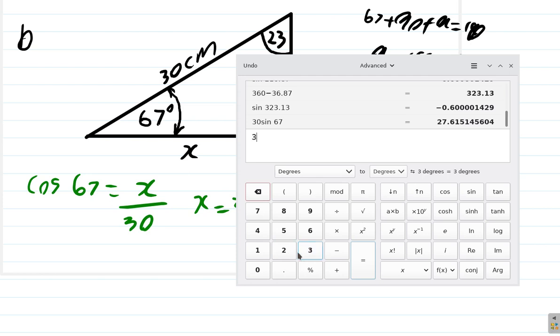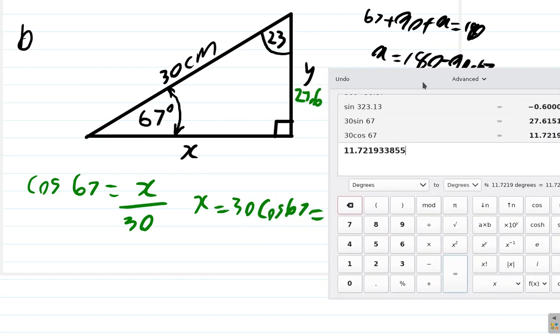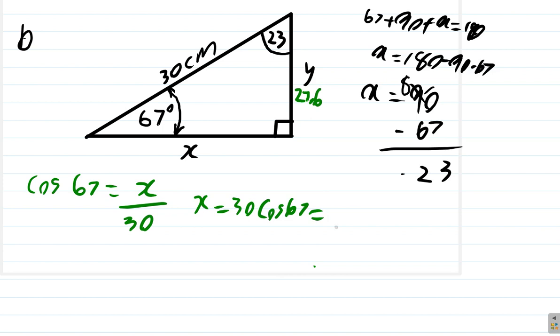So 30 times the cosine of 67 degrees equals 11.72. So we'll have 11.72 centimeters there.